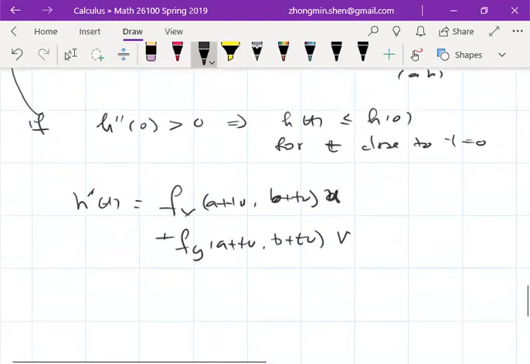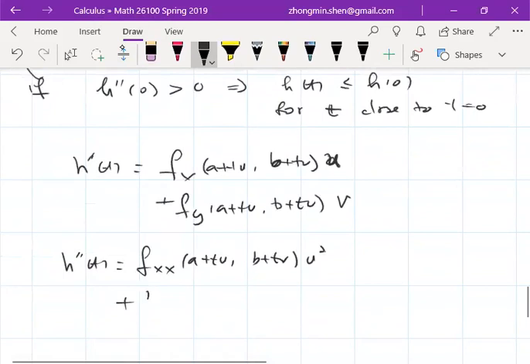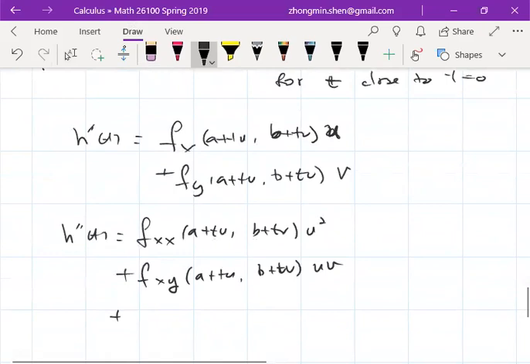And when t equals 0, it's 0 because the partial derivatives are 0. The second derivative, when you differentiate twice, you get f_xx at (a plus tu, b plus tv) times u squared. Then you get f_xy at (a plus tu, b plus tv) times uv. Then you differentiate the second term.